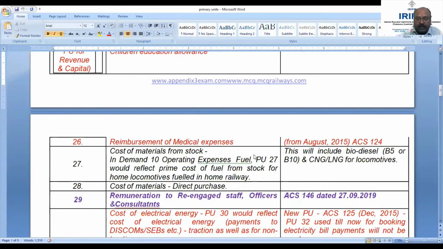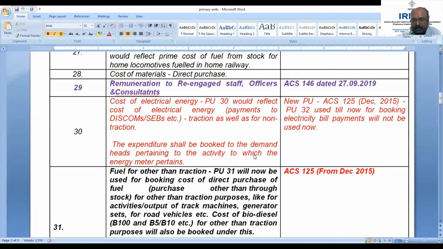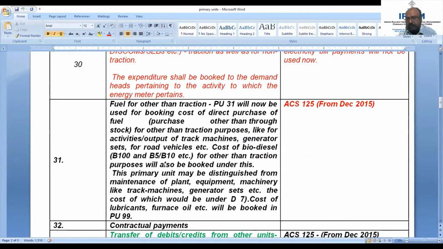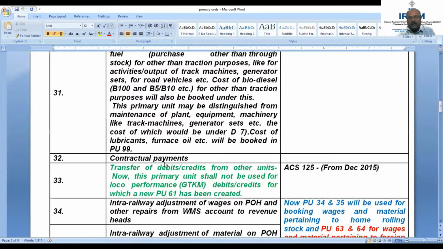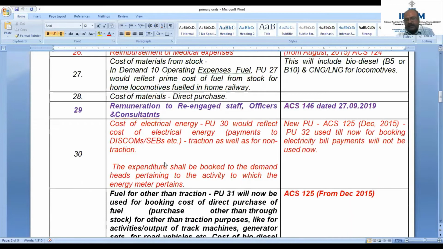And 32 is the contractual payments, that is the works done by contractors for railways. These three PUs, 27, 28 and 32, are very, very important. And 29 was recently introduced in 2019, the remuneration to re-engaged staff or officers or consultants.